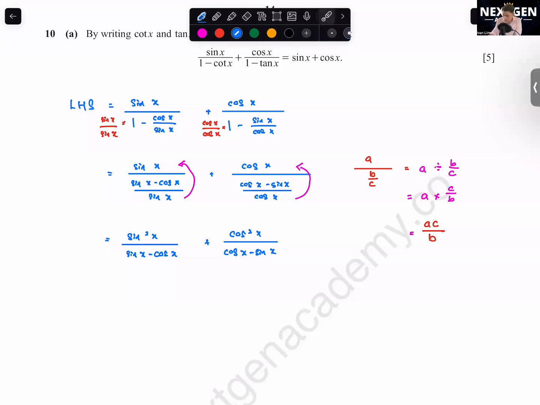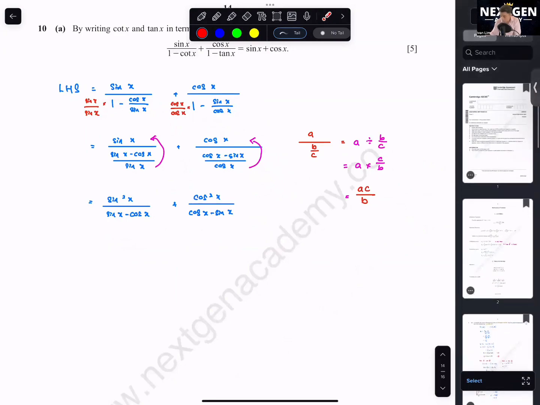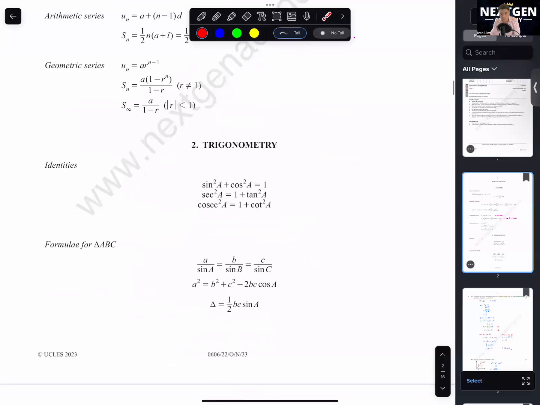Because normally when you got sine square and cos square, you want to think about the identities. What are identities? You go to here. So I give you all a tip for any type of showing type of question. Whenever you see any sine square, cos square, tangent square, cotangent square, whatever, trigo square, think about this part here. So can you use one of these? Got a sine square and cos square.